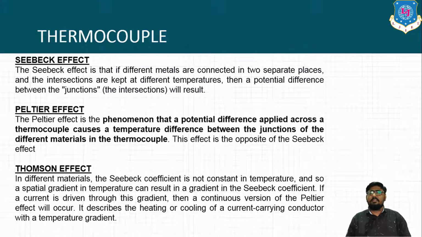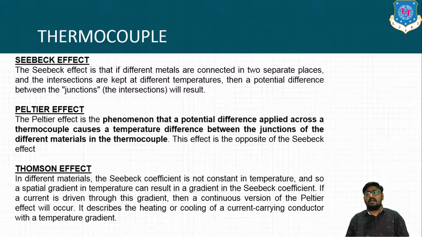It describes the heating or cooling of a current carrying conductor with a temperature gradient. Instead of using a large temperature difference, we divide it into small temperature differences, and for each small temperature difference the linearity will be obtained. So the Thomson effect is nothing but a modified version of the Seebeck effect for those materials where the temperature gradient is not constant.